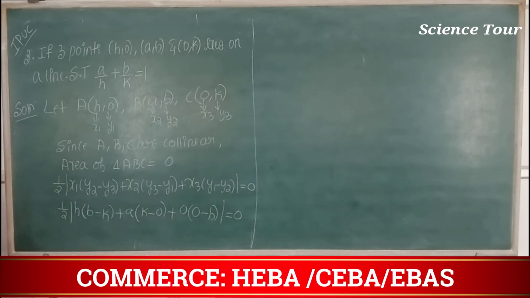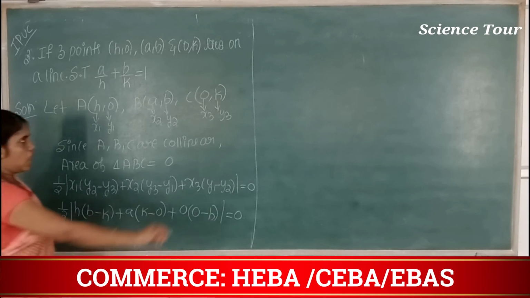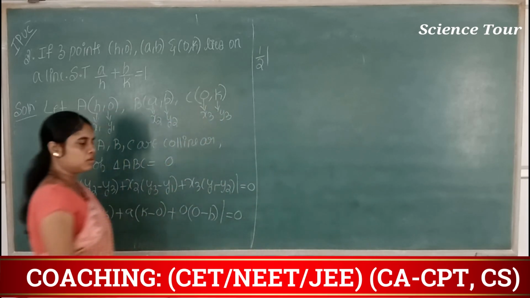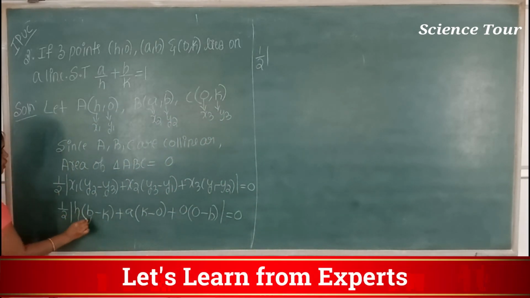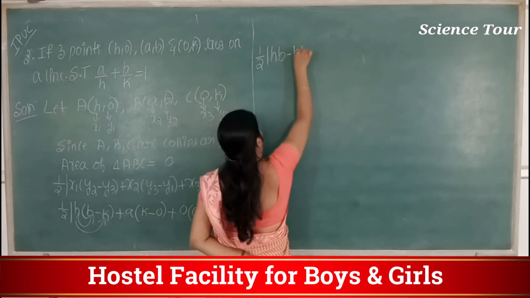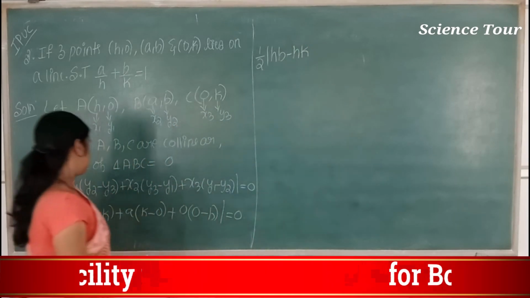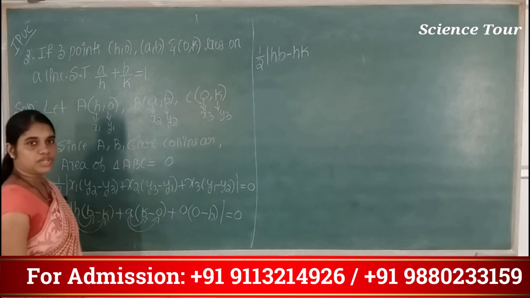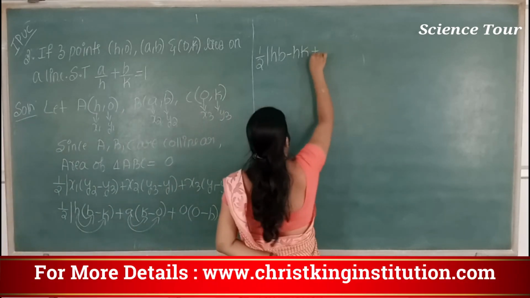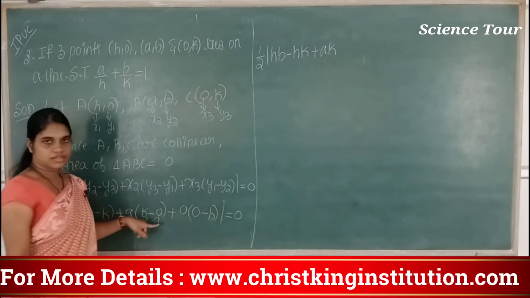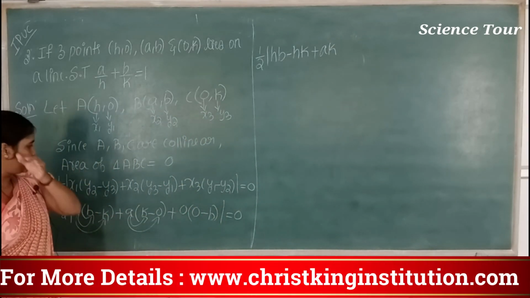We'll simplify now. Half into modulus of, first multiply h with b and h with k. h into b is nothing but hb, minus hk. Next a into k, a into 0. a into k is ak, so plus ak. Next a into 0 is 0 itself, no need to write.